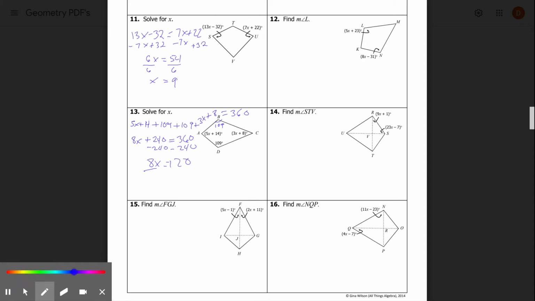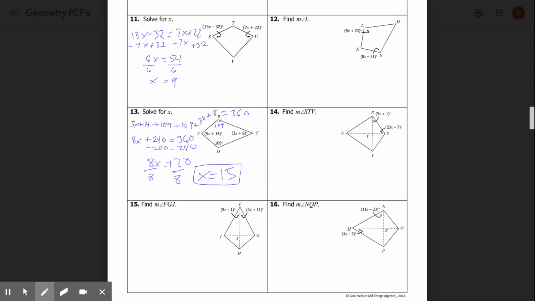And then you divide by 8, and x equals 15. So sometimes you need to find these missing parts. And just remember that in a quadrilateral, all the angles are going to add up to 360 degrees.